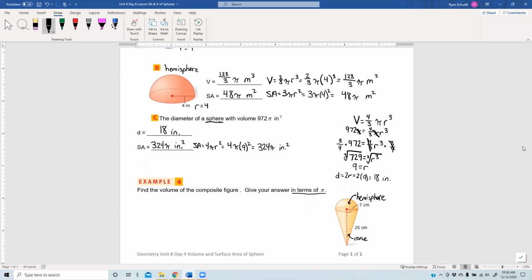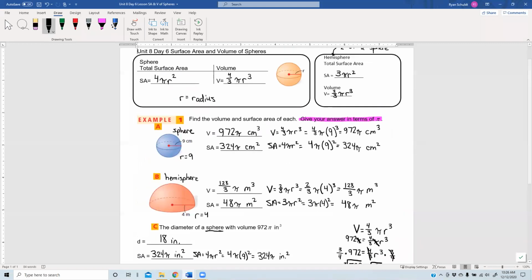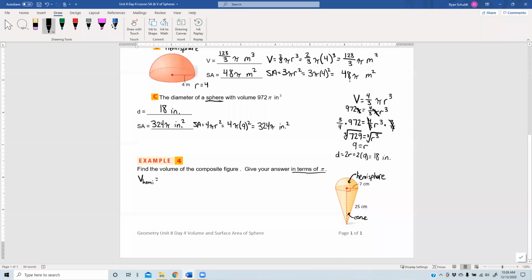So let's find the volume of the hemisphere first. That formula for a hemisphere, we said it was 2/3 pi r cubed.